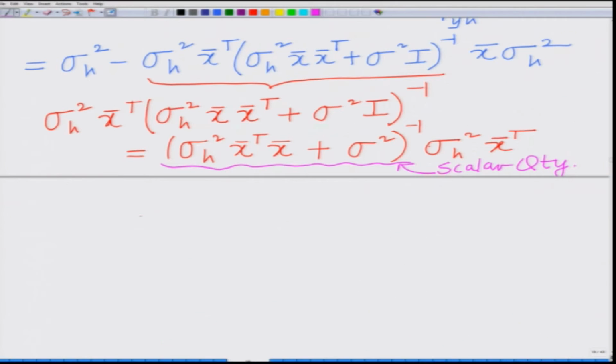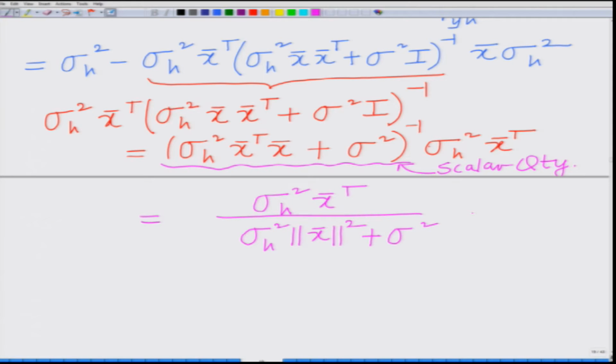So, that is sigma_h square norm x bar square plus sigma square, which is a scalar quantity. So, the inverse of this scalar quantity will simply be its reciprocal. This follows in fact from several principles, we have proved it in one of the modules. In fact, this also follows from the matrix inversion lemma, the matrix Woodbury identity.